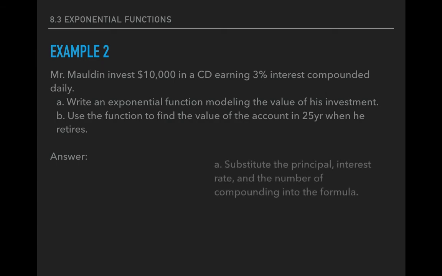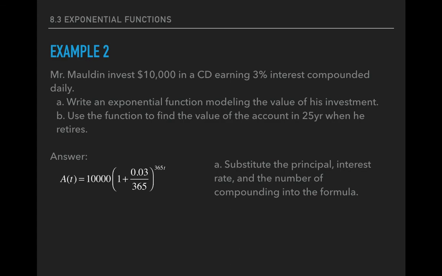So let's get started. We're going to substitute the principal, the interest rate, and the number of compoundings into our formula. That would look like 10,000, and then in parentheses, 1 plus our rate, which 3% is expressed as 0.03, over 365 because it is compounded daily.